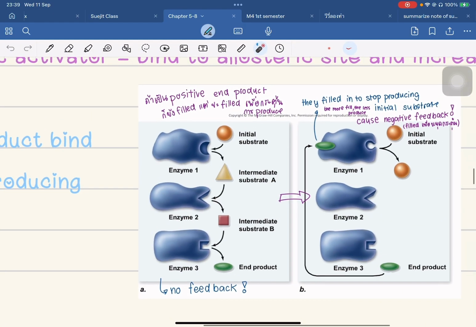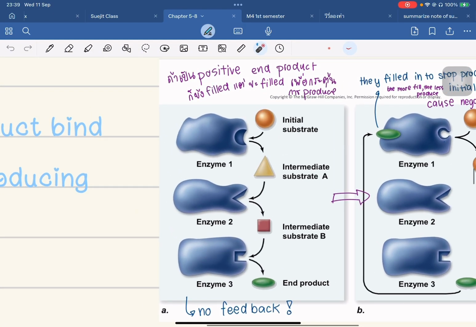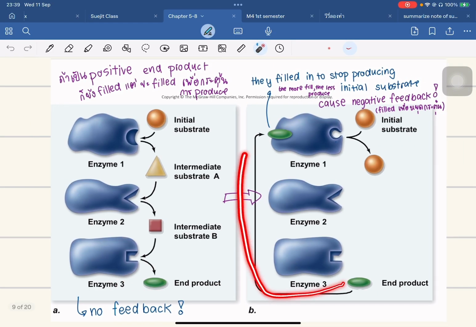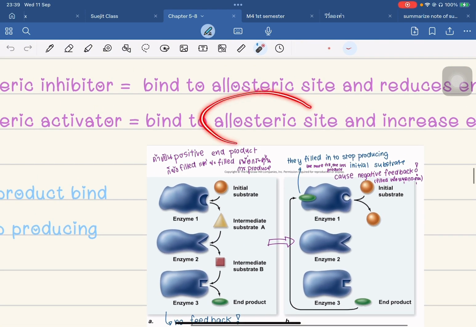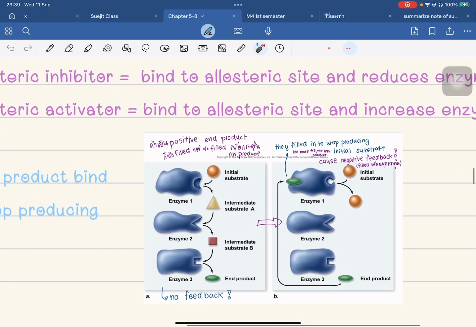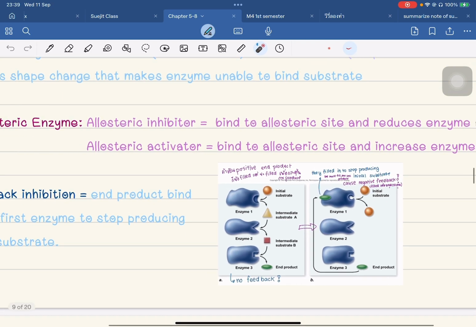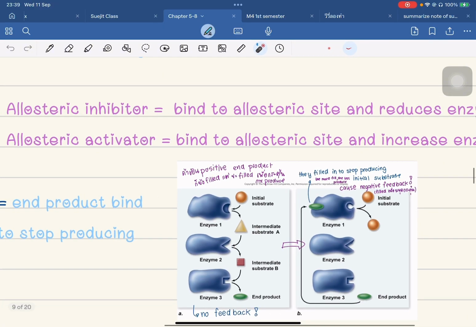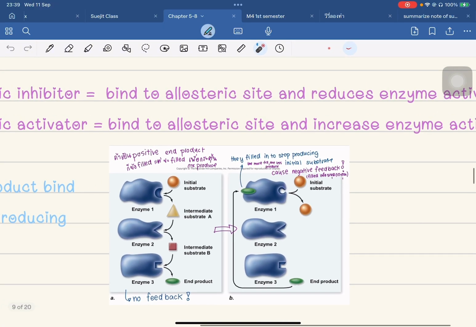Here, the initial substrate gets in, and then they produce this, and then they get in, and produce this, and when they produce the last product, it fills up the allosteric site. After binding to the allosteric site, if it is an inhibitor, it reduces the enzyme activity. But if it is an activator, it makes the enzyme continuously process the substrate again and again.